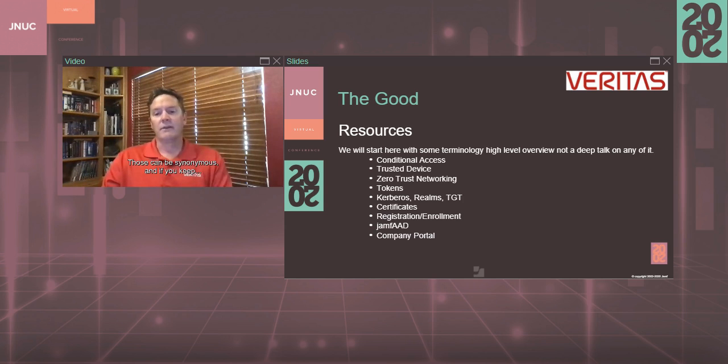Those can be synonymous, and you just need to be aware that there's enrolling in Jamf and the registration with Intune. And after you enroll into Jamf, there's this nice little tool called Jamf AAD, and it does the workplace join, and it gets the data over to Azure so that your system can be told whether it's compliant or not.